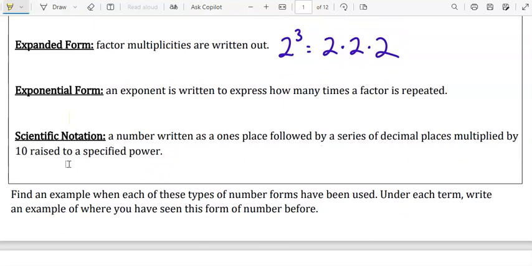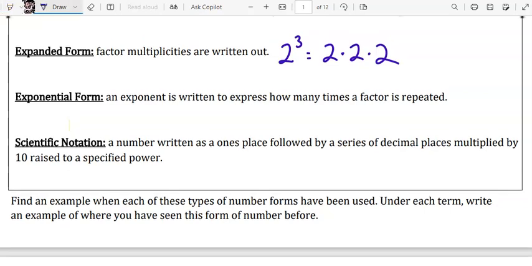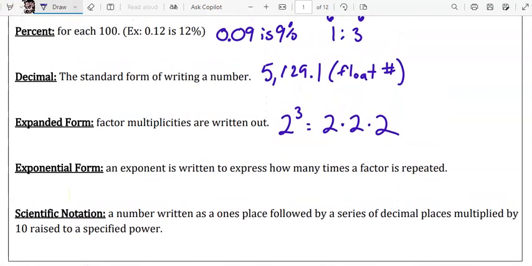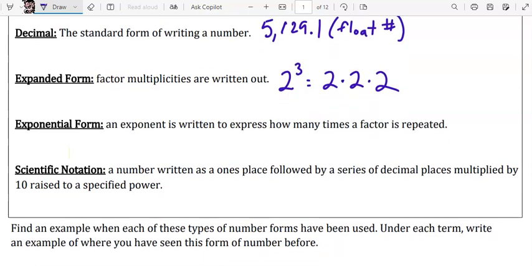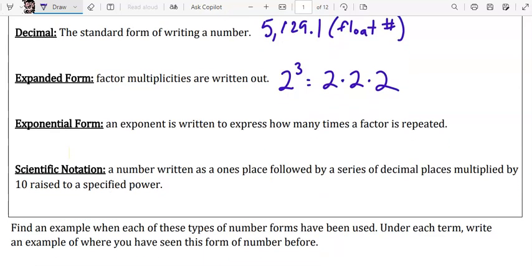Alright, find an example when each of these types of number forms have been used. Under each term, write an example of where you have seen this form of number before. For example, scientific notation, you might see it in populations.